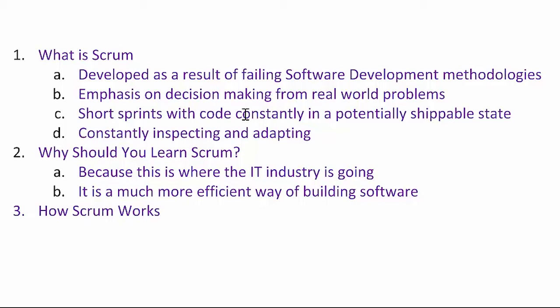These sprints usually occur in a 1 to 2 week time frame, right? So in the 1 to 2 week time frame, maybe sometimes 3 and 4 weeks, you need to plan what you're going to do, you need to develop the code, and you need to test it. And this all needs to be done by the end of your sprint.